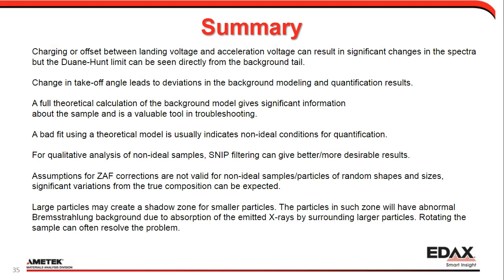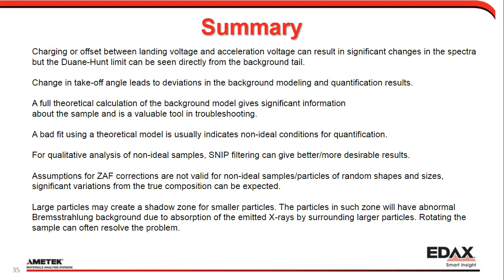And even if you have flat particles, keep a lookout for what's around. Often this is obvious when you zoom out on the microscope, but if you're searching around at low magnification, you may not notice that big particle right next to the smaller one. And the background tail will give you information about additional absorption outside the particle. So be aware about the shadow zone problem.